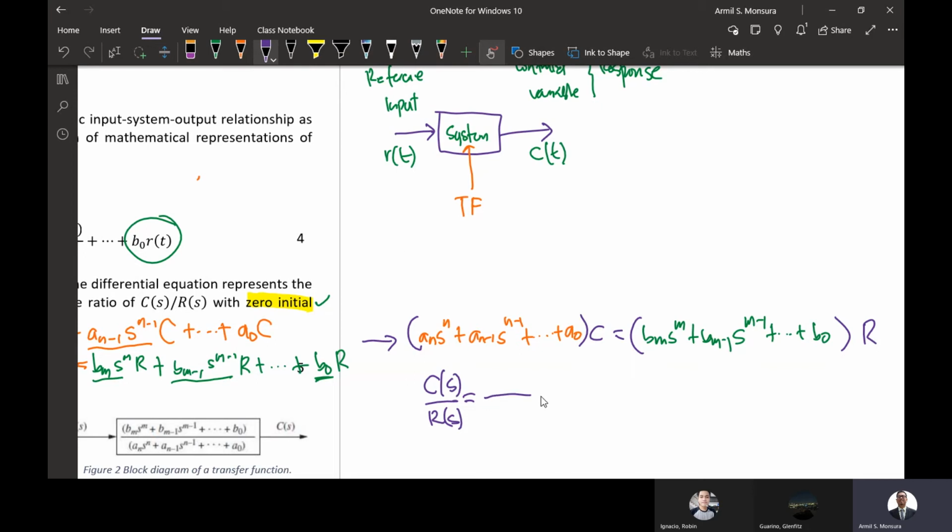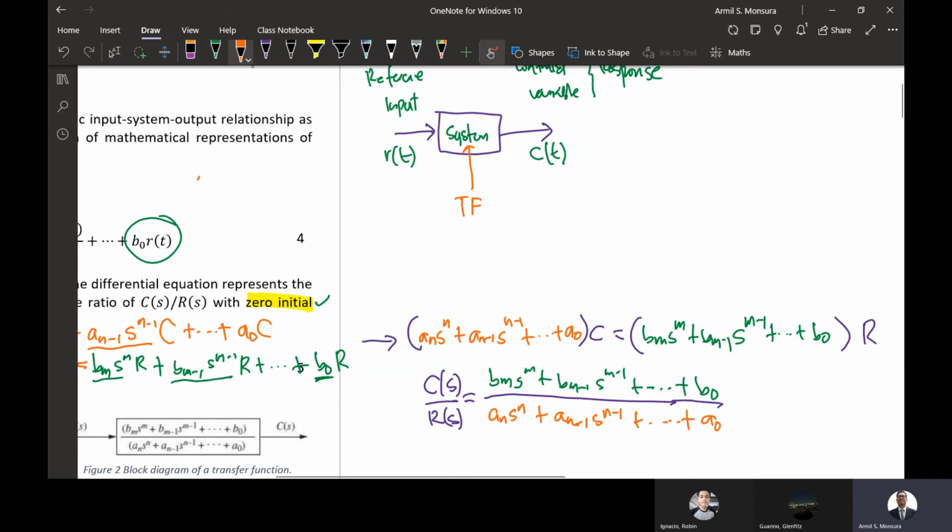So, ang lalabas ngayon dyan is ito muna, yung B sub M, S raised to M, plus B sub M minus 1, S raised to M minus 1, and so on, until the last term is simply B sub 0. And then yung denominator is A sub N, S raised to N, plus A sub N minus 1, S raised to N minus 1, and so on, until the last term is A sub 0.